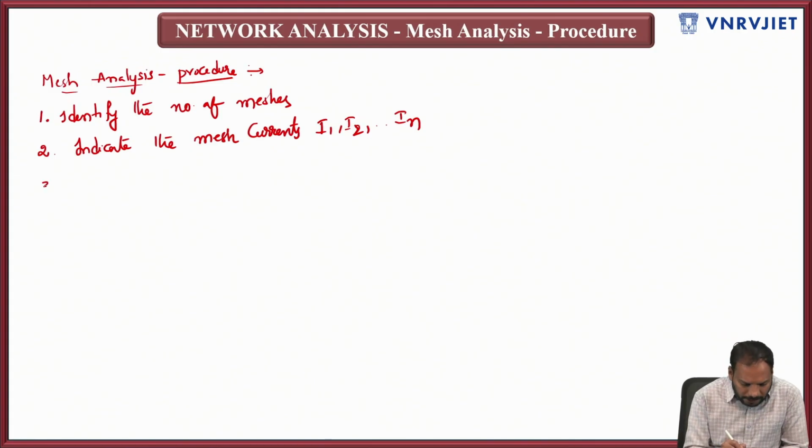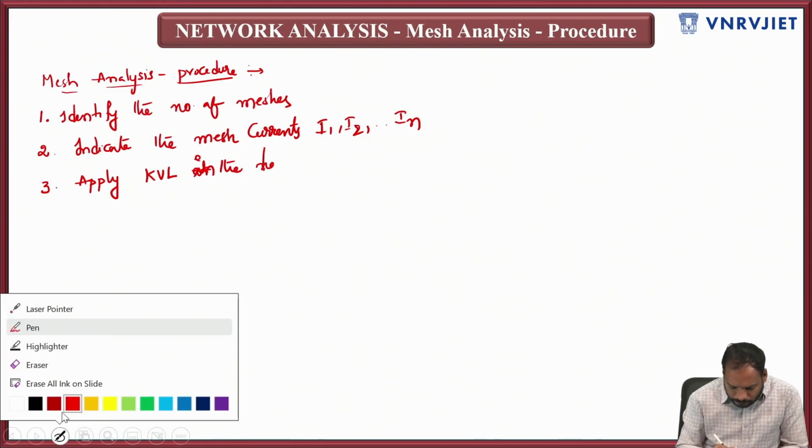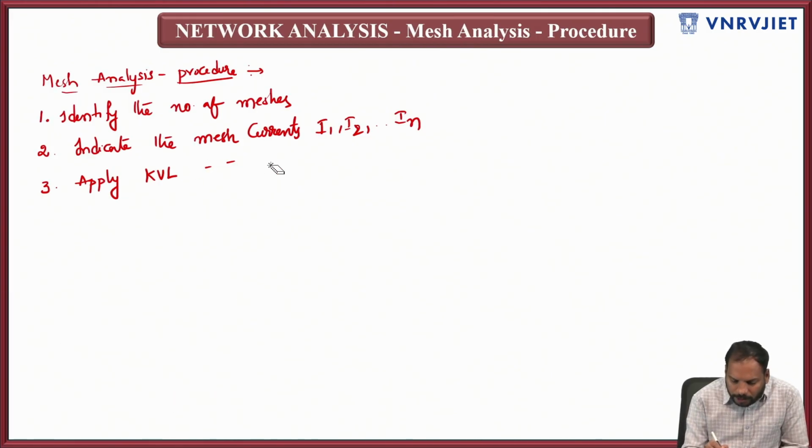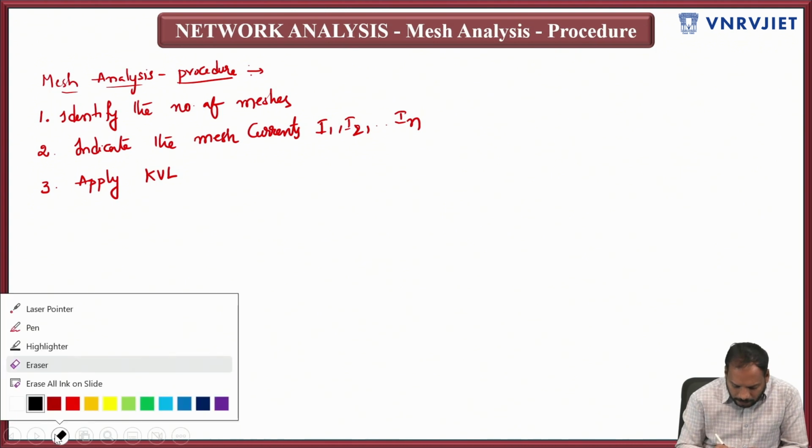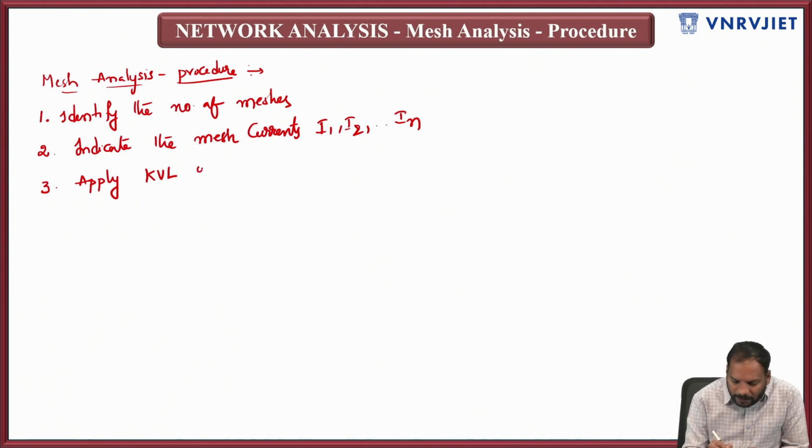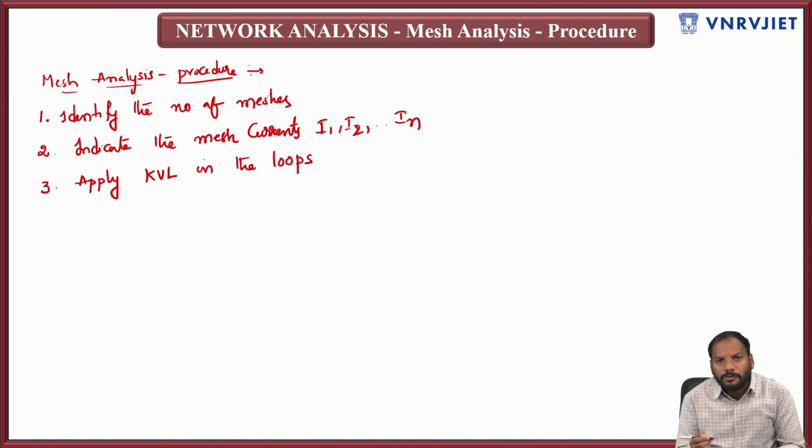Once you have indicated the mesh currents, there you applied KCL at the node; here you need to apply KVL in the loop, meaning in all loops you need to apply KVL.